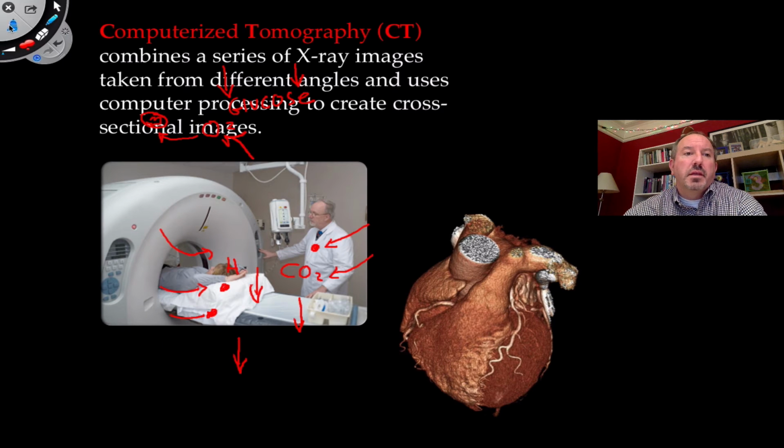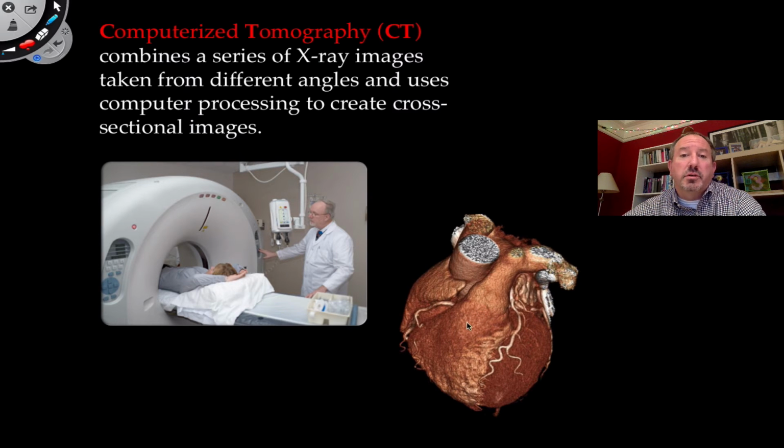And what's fascinating, and I found a lot of things fascinating about the heart, is that we have CT scans, otherwise known as computerized tomography scans, which combine a series of X-ray images, and you can see incredible images like this, never before seen.